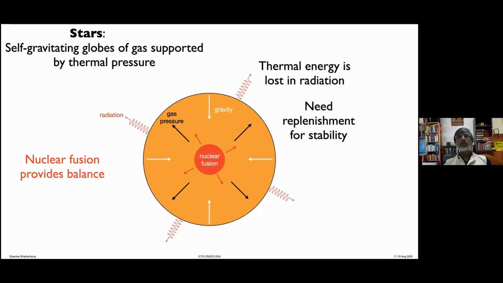And that production rate of energy by nuclear fusion exactly balances the radiation that is leaving the surface. And when that condition occurs, you have a star which is stable in its structure for as long as this can continue.